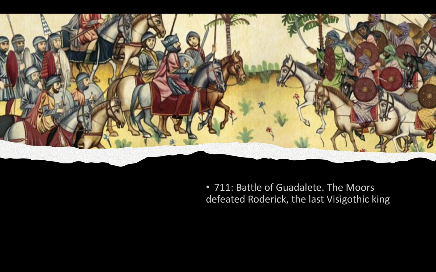But all of this is not very clear, but the point is that the Moors crossed the Strait of Gibraltar, and they invaded the Visigothic kingdom.